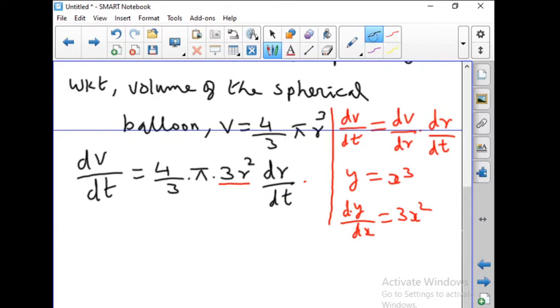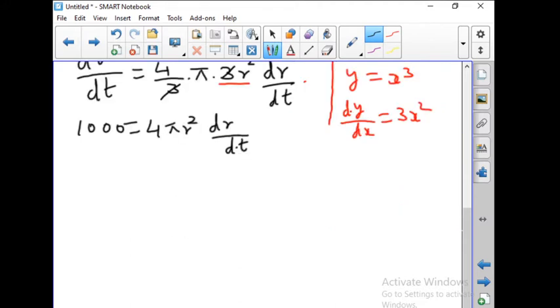Is it clear to all of you? Now 3 and 3 get cancelled. So we get 4 pi r square into dr by dt, and dV by dt is given as 1000. We have to find dr by dt. So dr by dt is equal to 1000 by 4 pi r square.